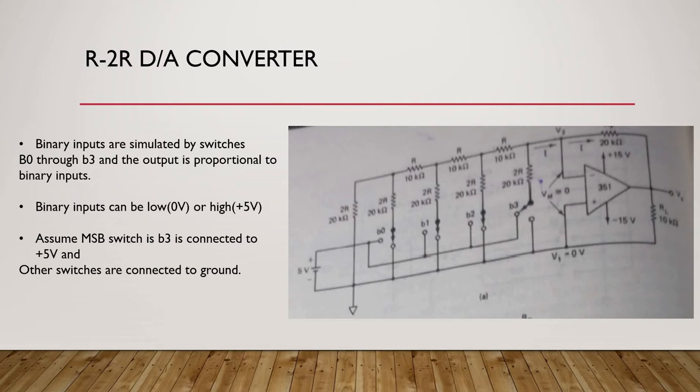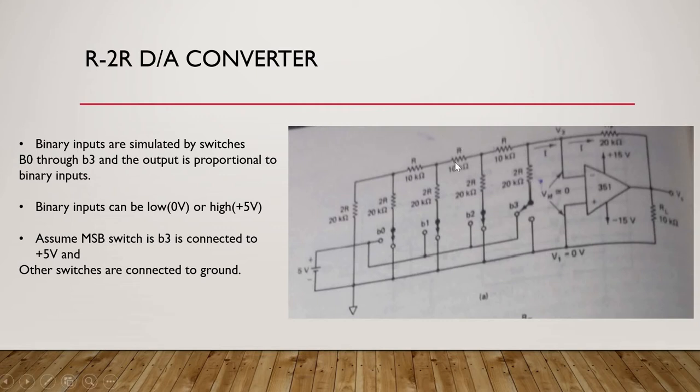This drawback is overcome in the R2R ladder digital to analog converter, which uses only two values of resistor, namely R and 2R. So the salient feature of this type, the R2R type digital to analog converter, is that unlike a binary weighted resistor DAC, it uses only two values of resistor, namely R and 2R.